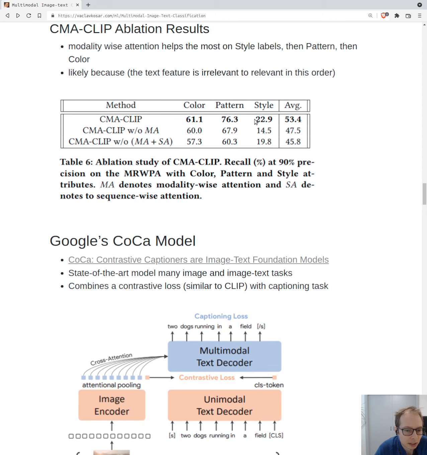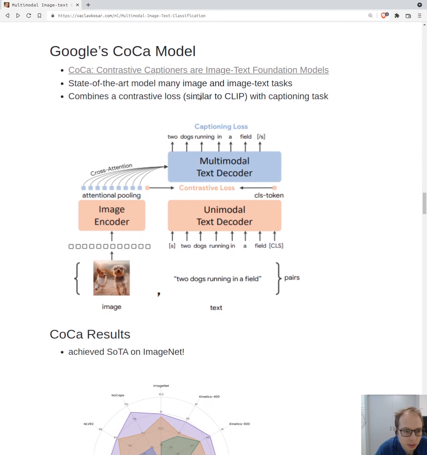We can see that on style there is the biggest difference relatively. Then, for example, color is very often mentioned in the text in the fashion context, and so I would expect that the modality-wise attention is not going to be so useful in this case.